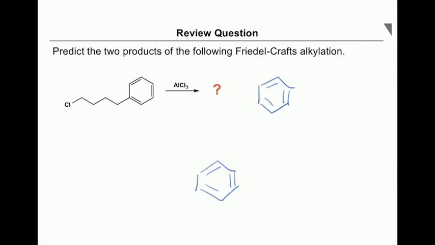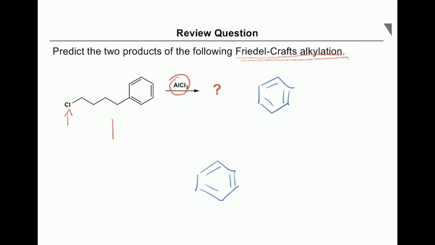So, the type of reaction: this is our Friedel-Crafts alkylation. You can tell that from our acid catalyst, in this case a Lewis acid. Our starting material is a simple alkyl halide, so this falls in that category where we're making a carbocation. That's our electrophilic species, and we're going to add through to this.